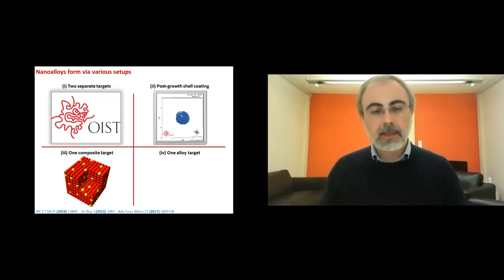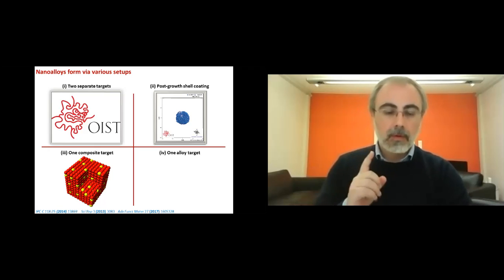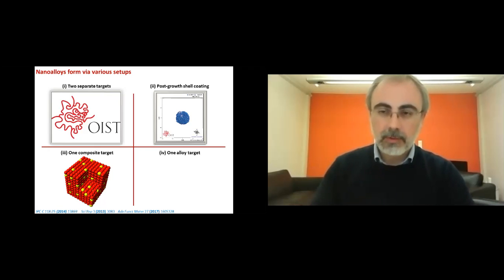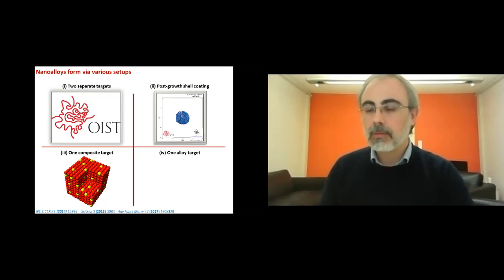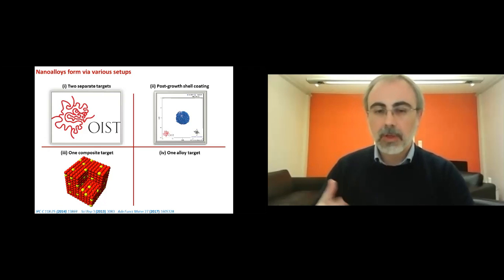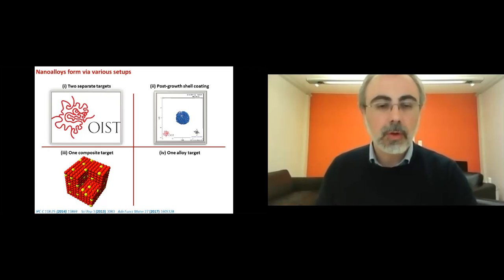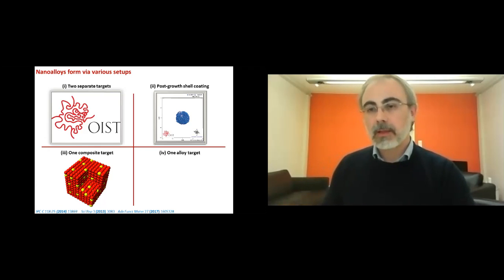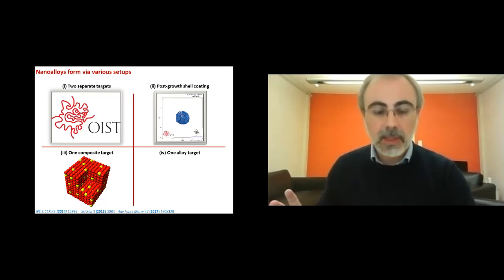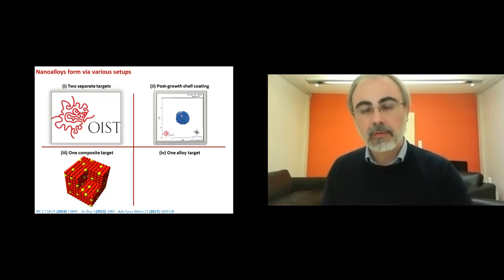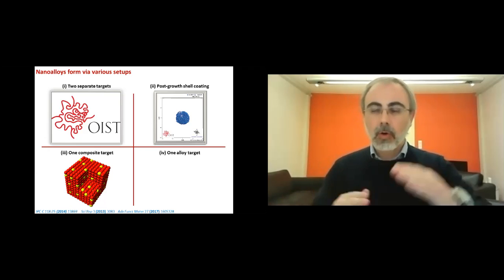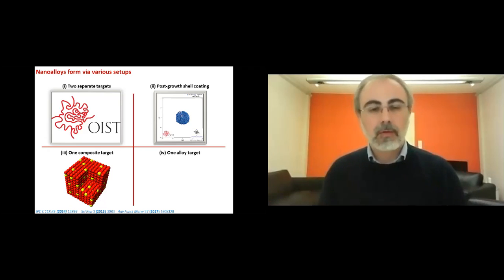But the main idea here is that, using this setup, you can make something which is very unfavorable thermodynamically. Of course, I'm not going into details here because it would be too much information, but we have found some kinetic arguments on how we can make iron particles of cubic shape using the different growth rates of different facets of our nanoparticles.